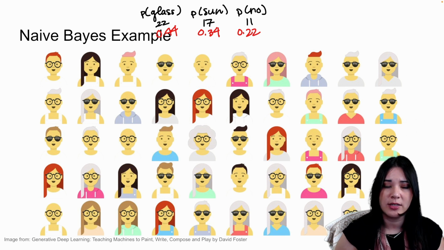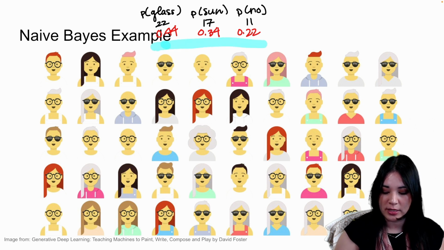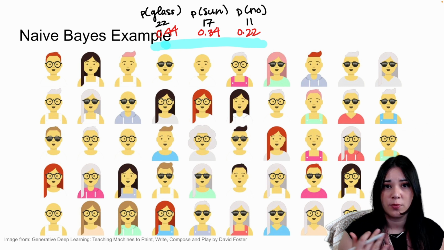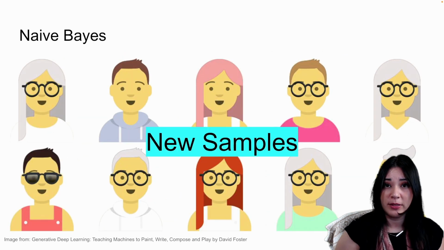For instance, in order to figure out if a new sample is going to wear glasses, all we have to do is sample from this probability distribution, which tells us that 44% of people wear glasses, 34% wear sunglasses, and 22% wear none. Using all those probabilities, we can then generate new samples like these. Thus, we've turned our naive Bayes model into a generative model.